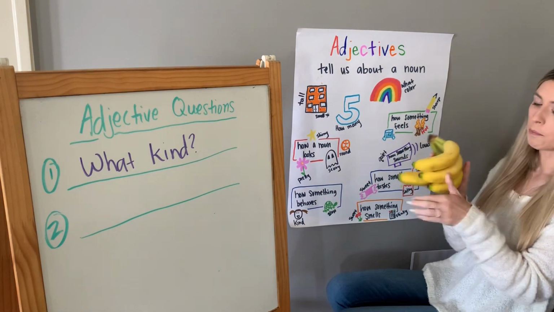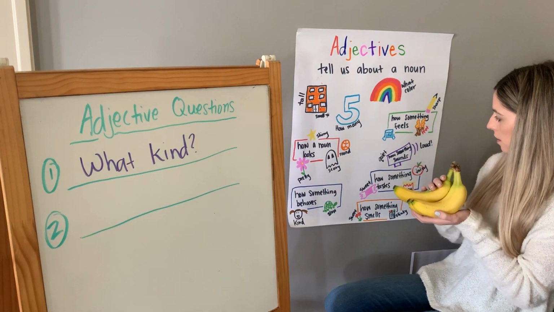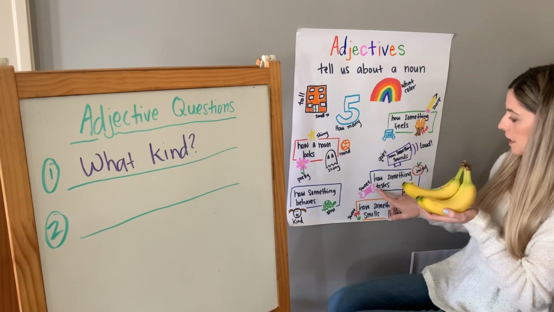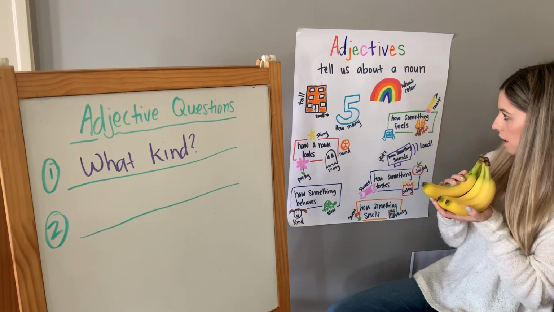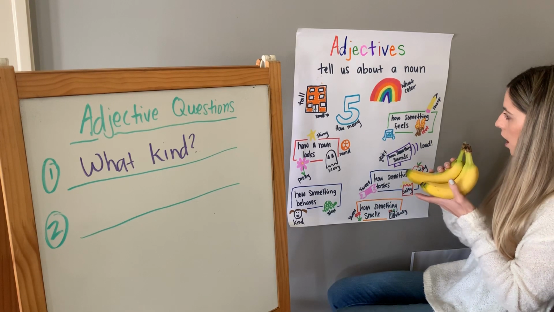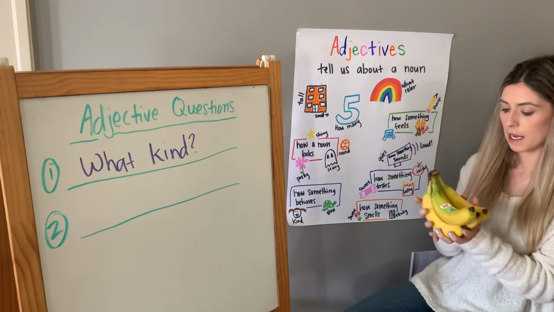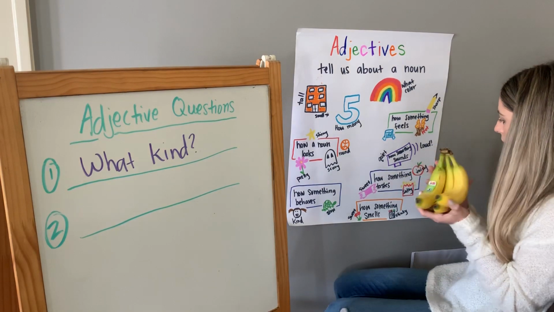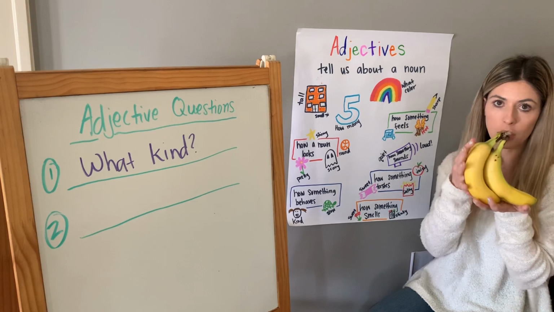They feel smooth. So they're smooth bananas. They don't make sounds. But they taste sweet, sweet bananas. They're not super big, so I'm going to say they're small bananas. They smell sweet. They smell good.